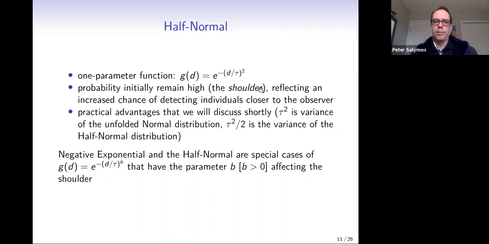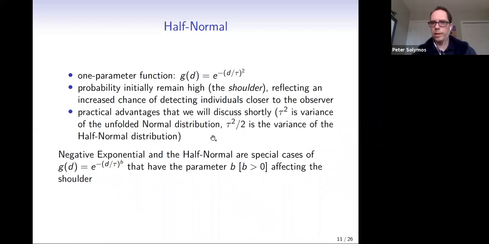So it has slightly more shoulder, and I'm going to show it to you after we discuss the next one. So the negative exponential and the half normal are related through this b parameter. You can also pick something that is not just 1 or 2, but it can be anything greater than 0, and that is going to influence the shape of this curve.